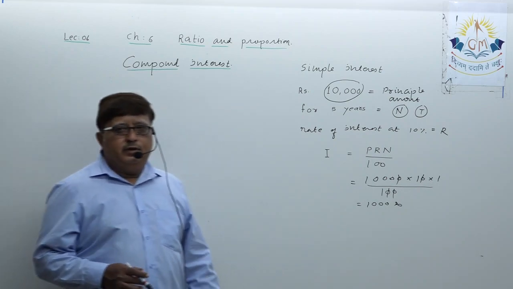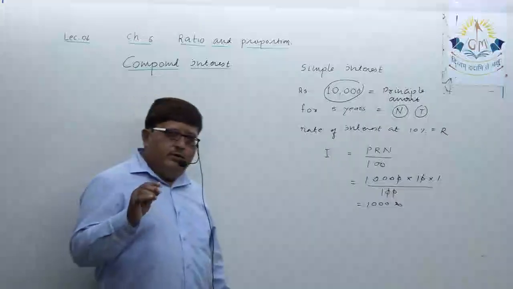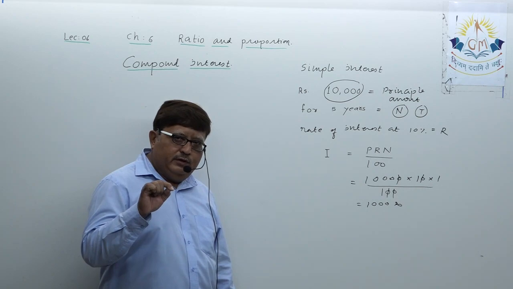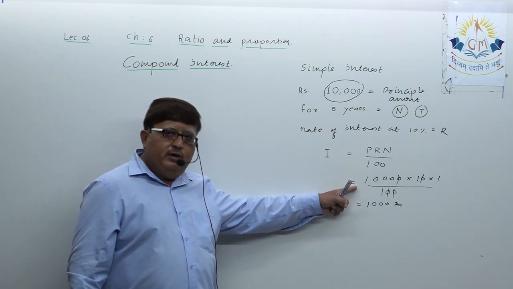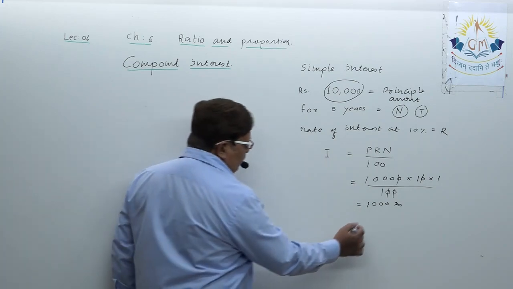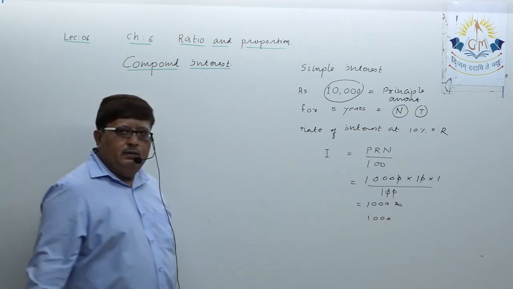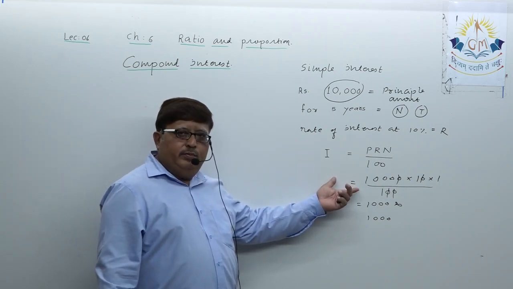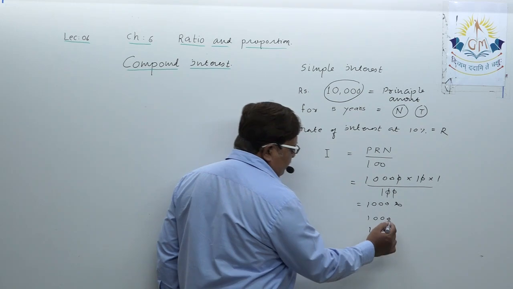Now dear student, if you want to count the interest at the end of the second year, the principal will remain the same. That means for the second year also the interest turns out 1000 only. For the third year again the principal remains the same, so interest is counted 1000.